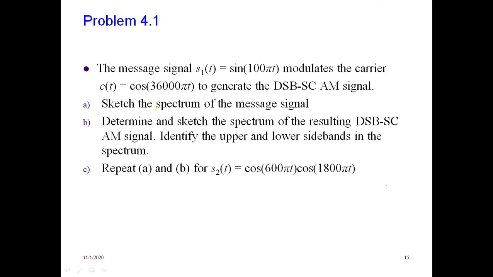So we have to sketch the spectrum of the message signal, which is this one, and also sketch the resulting DSB-SC. And after plotting the DSB-SC, we can know which one is the upper and lower sideband. Then the next one, we have to use this as a signal.